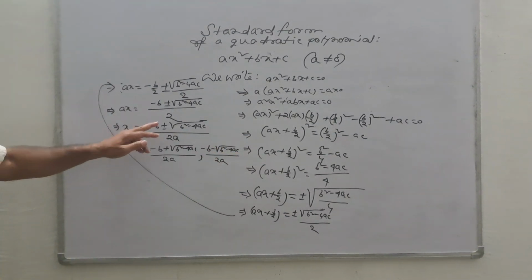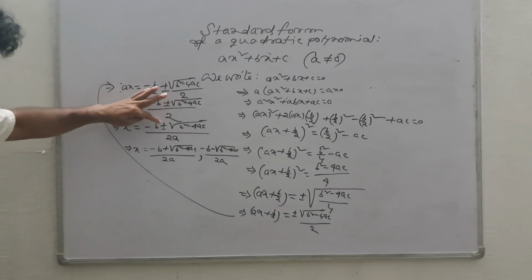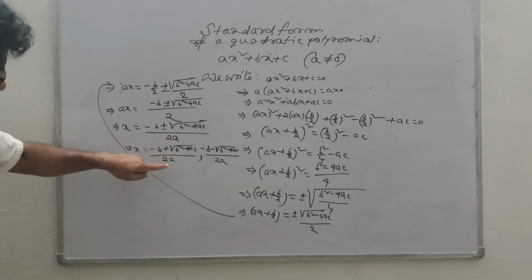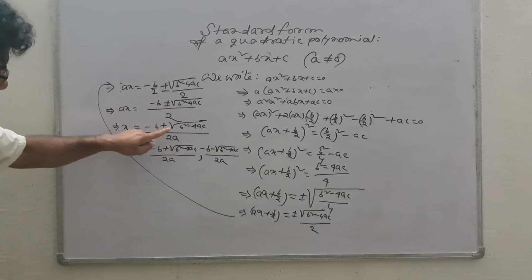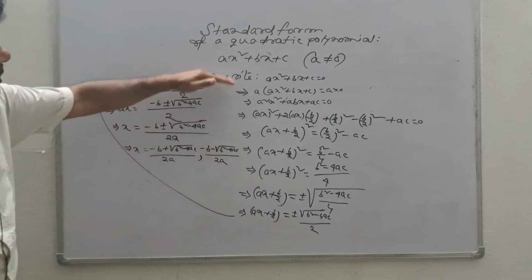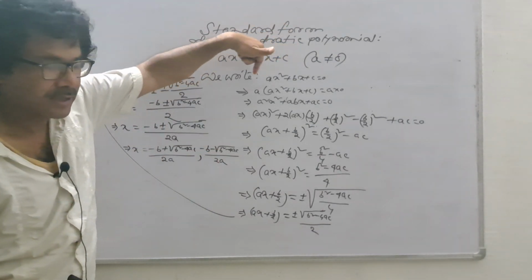Okay, two values, plus minus, that is one time plus, another time minus. So minus b plus this by 2a and minus b minus this by 2a. These are the two zeros of this polynomial.